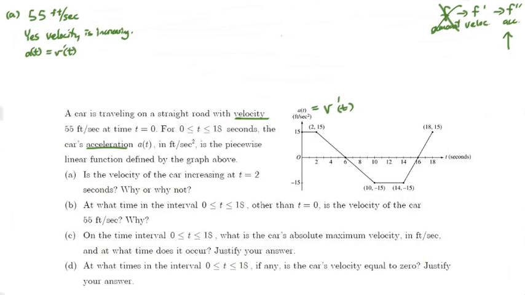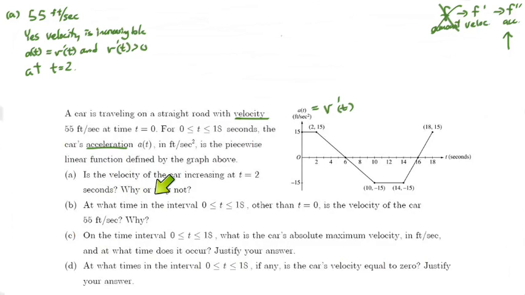And if a is the derivative of velocity, that means if v prime is positive, we know that the velocity v is increasing. So I can just say, because v prime is greater than 0 at t equals 2. Oh, you know what I could have written? I could have just put a t right there. I could have said v prime of t is greater than 0. So, because we have a positive acceleration, we know that we are increasing.